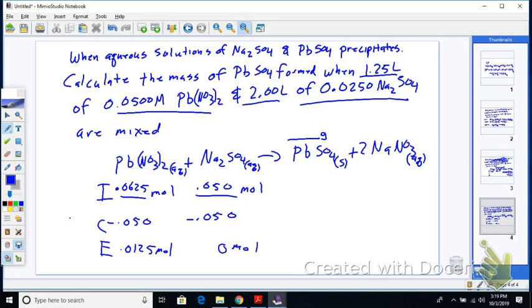So these start out 0 at the beginning. So how much lead sulfate is going to be produced? Plus 0.05. Yeah. How much, if we had the sulfur, which we don't, how much NO3 is going to be made?